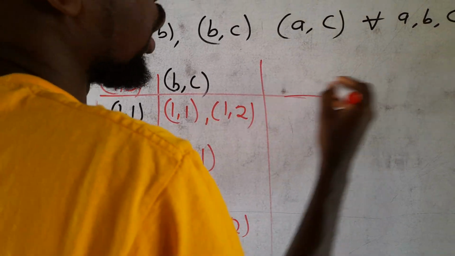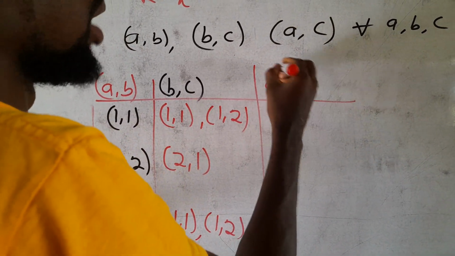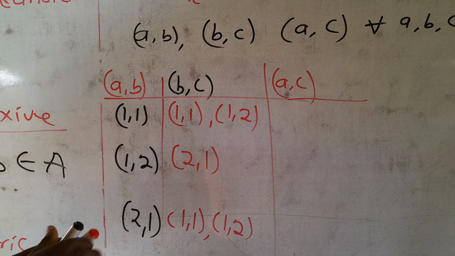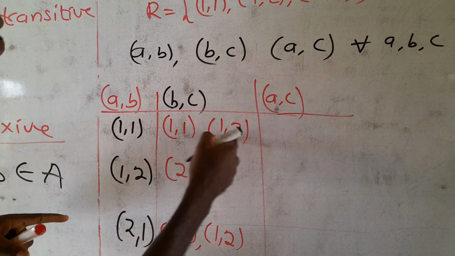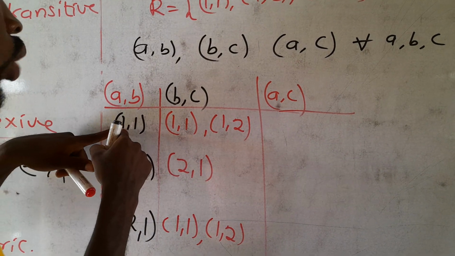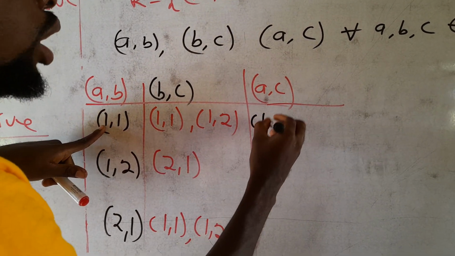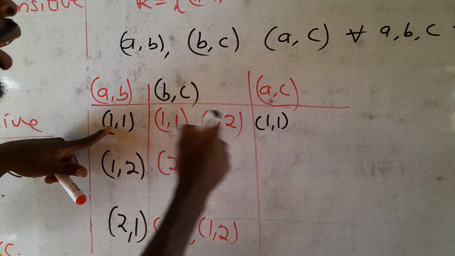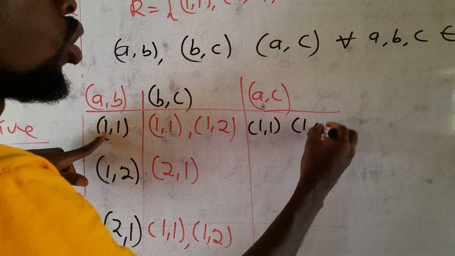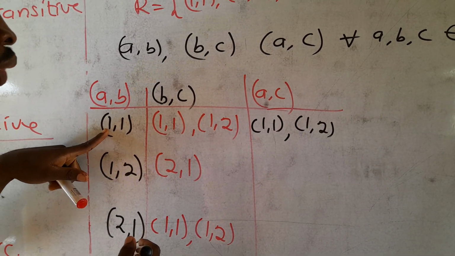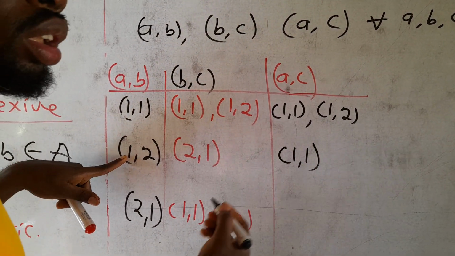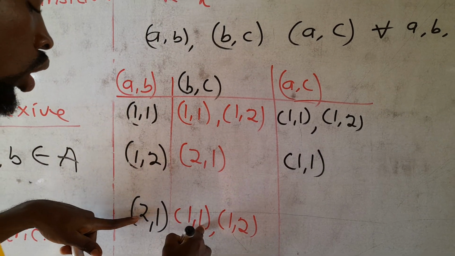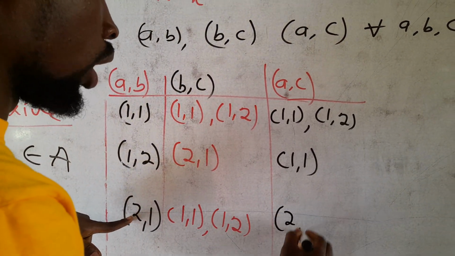That's for a relating to b. Now we'll find our decision maker. That's a must relate to c. So we'll pick the first entry here and the second entry here. So 1 here, 1, so we'll have 1, 1. 1 here and 2, we have 1, 2. I hope you get that. We have 1 here, 1, so we have 1, 1. Then 2 and 1, so we have 2, 1.